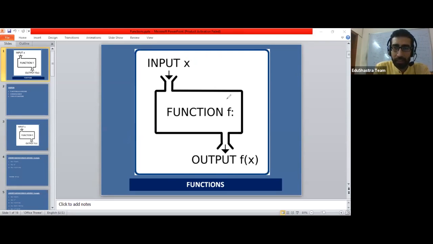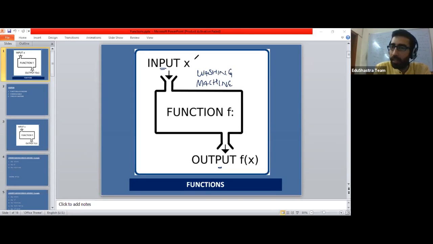So a function is like this machine here in front of you that takes a certain acceptable input and gives a certain output. You could take this as, say, a washing machine. Function as a washing machine.